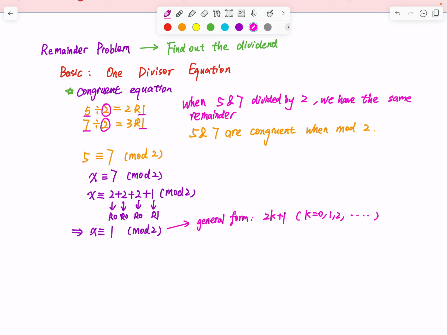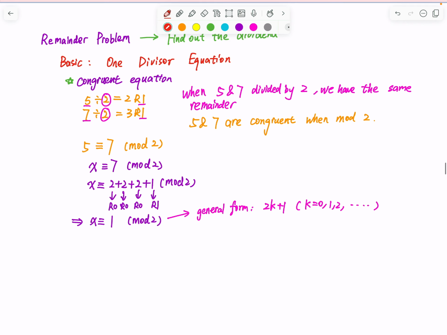Okay, so now about the congruent equation, there are some very important things. Firstly is simplification. For example, if I say 3x is congruent to 4 if I mod 10. This time 4 of course cannot be exactly divided by 3, so we cannot do it like that.